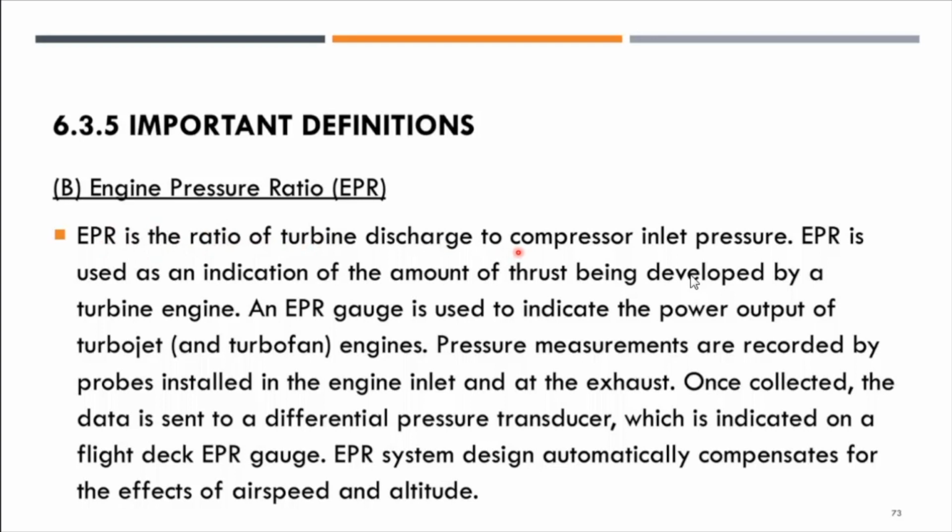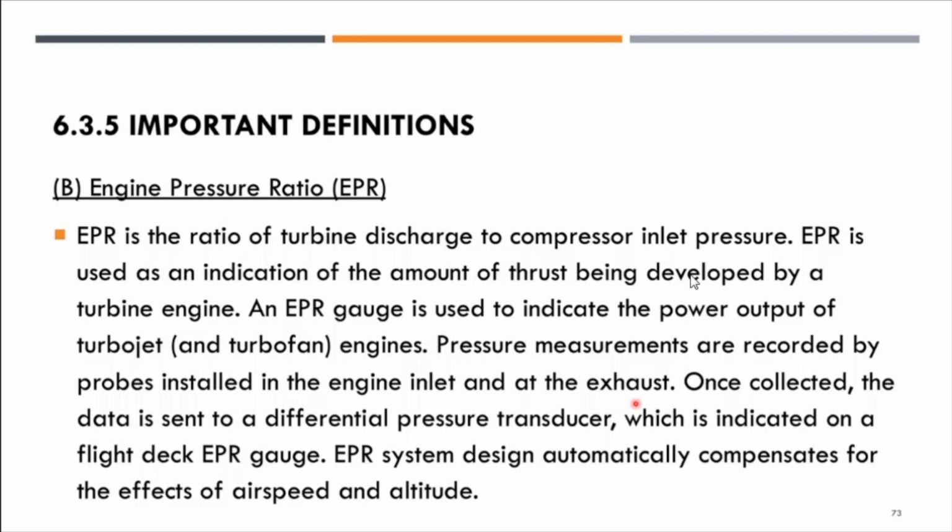Okay, the other important definition is engine pressure ratio, the EPR, is the ratio of the turbine discharge to compressor inlet pressure, where EPR is used as an indication of the amount of thrust being developed by the turbine engine. Okay, EPR gauge is used to indicate the power output of the turbojet or turbofan engine, where pressure measurements are recorded by probes installed in the engine inlet and at the exhaust.